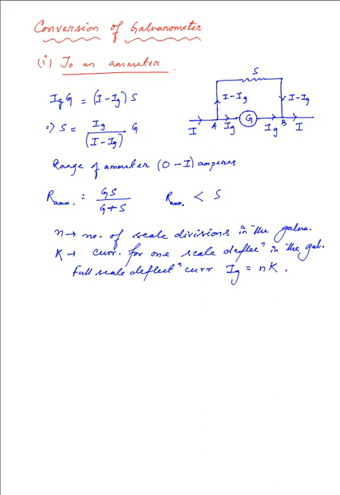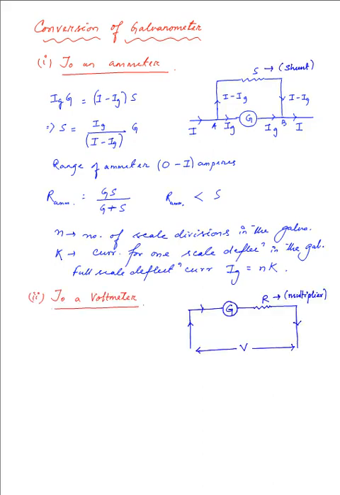Up next, we are going to discuss the conversion of the galvanometer into the voltmeter. Well, this is more or less the circuit of a galvanometer being converted to a voltmeter. Now, in the case of the galvanometer considered solely, the full scale deflection current, as I mentioned, is just 1 milliampere, while a resistance of about 20 ohm is present in the galvanometer.